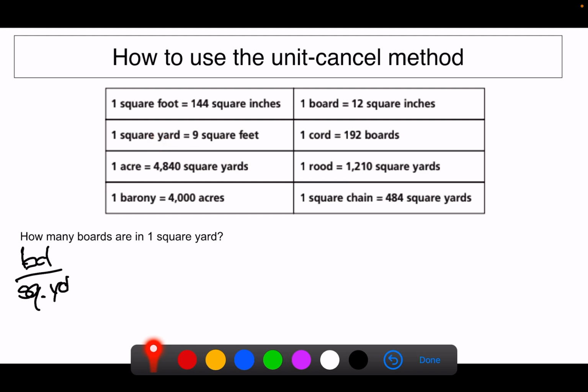We want boards per square yard. So if I go square feet, then I have 1 board per square inch, and then I can go inches per square foot. Okay, this is how we're going to do it. Ready? Here we go.